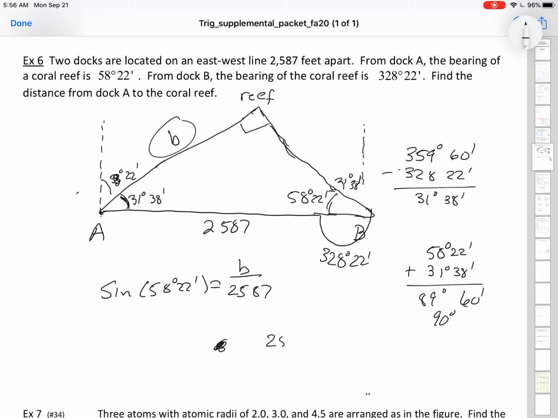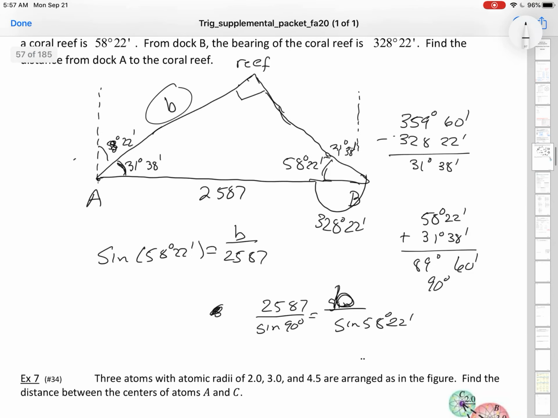The other thing that I could do is say 2587 over sine of 90 degrees is equal to, right? That side length b over the sine of 58 degrees 22 minutes.